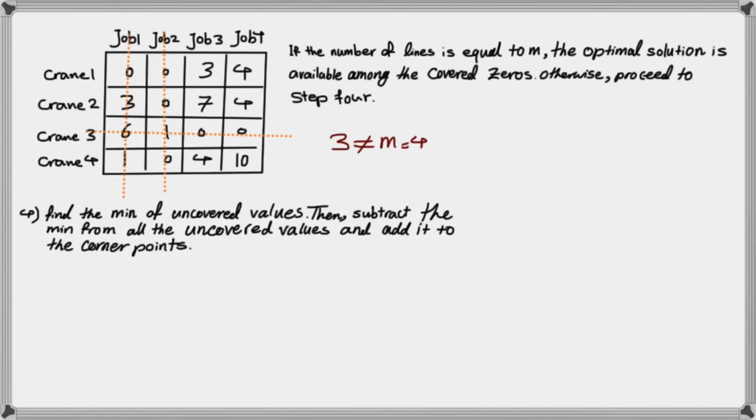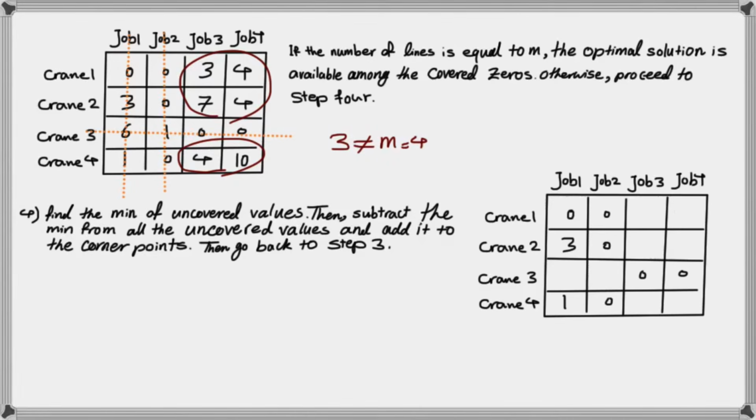In this step, we have to find the minimum of the uncovered values, subtract that minimum from all the uncovered values, and add it to the corner points. By corner points, I mean the intersection points, wherever your lines are intersecting. So I find the minimum of the uncovered values, in this case 3. I subtract that from all the uncovered values, which are the values shown in dark brown in the next table.